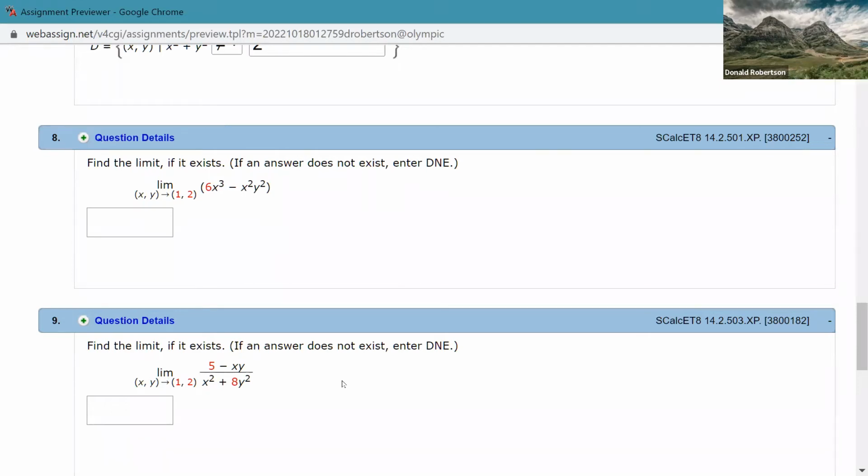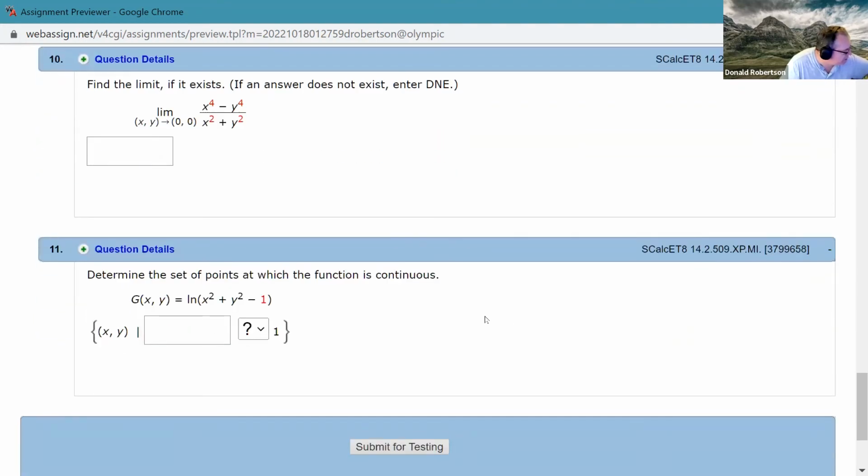And that's question 8. And question 9, it's the limit as x, y tends to 1, 2, and this time it's a really ugly fraction. So these are going to be our last 2 questions, and basically after that, we've covered everything, I think. So let's jump right into the last 2 puzzles.